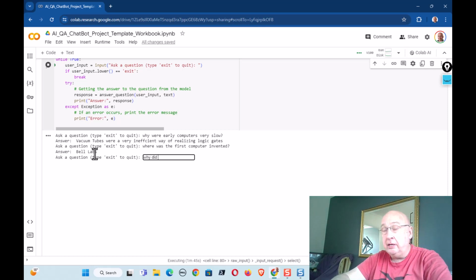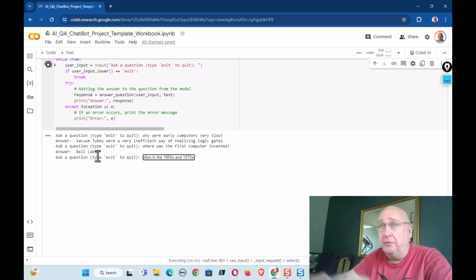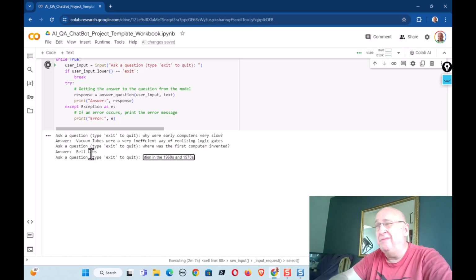Why did computer adoption in the 1960s and 70s change how people's jobs work?